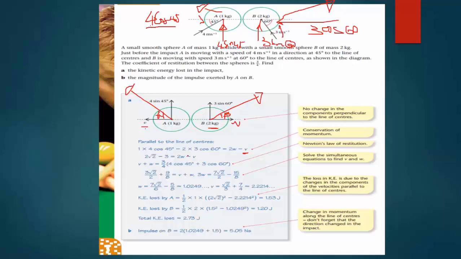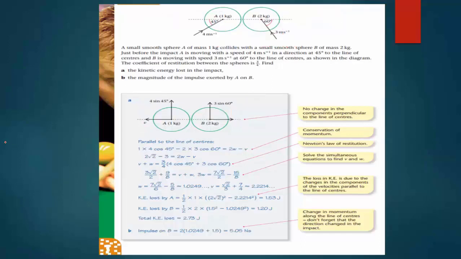Okay, yes, so we have this equation here. Again E tumeshasema ni VA minus VB over UB minus UA.